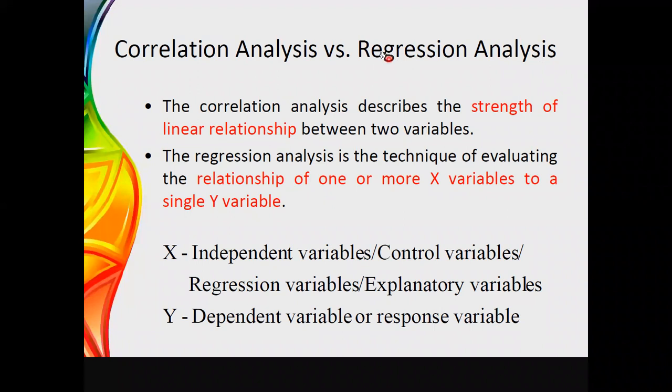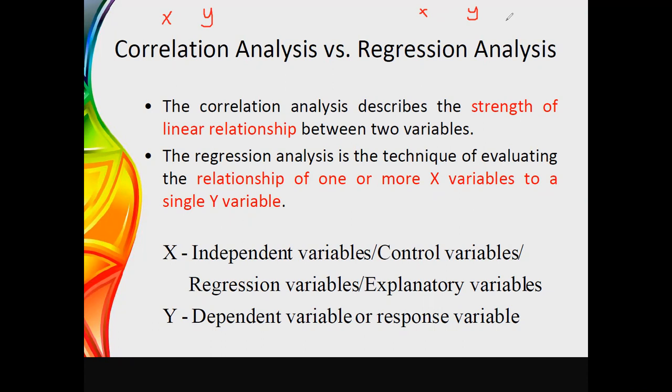Since we obtain an equation, you can use it to estimate values as well. In correlation analysis, you can interchange the variables; you can define any given variable as x and another as y. But in regression analysis, you cannot just name them as x and y. You have to carefully examine the data set, and then identify what should be the x variable and what should be the y variable.